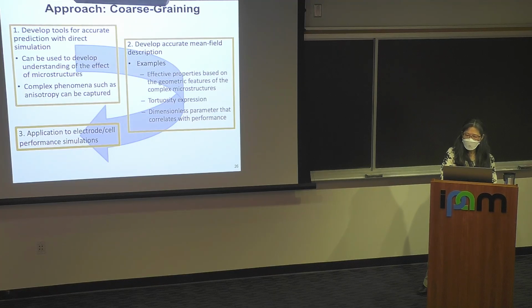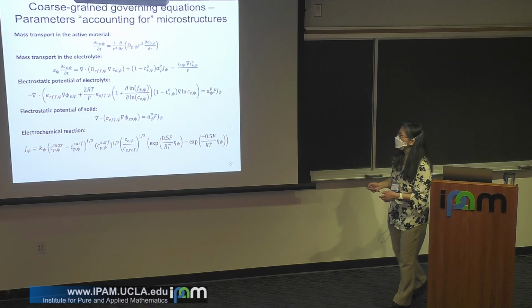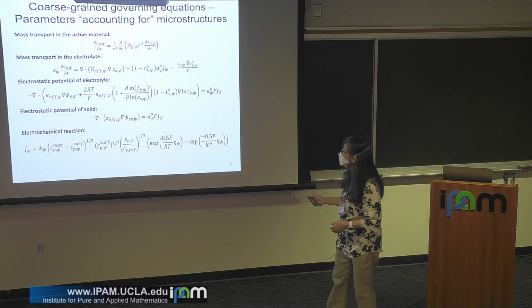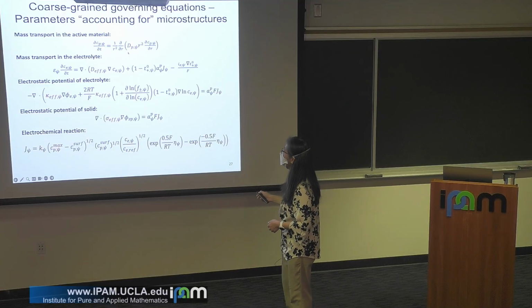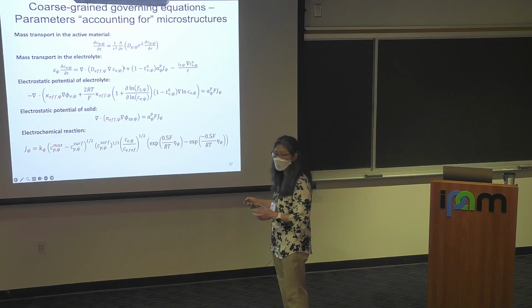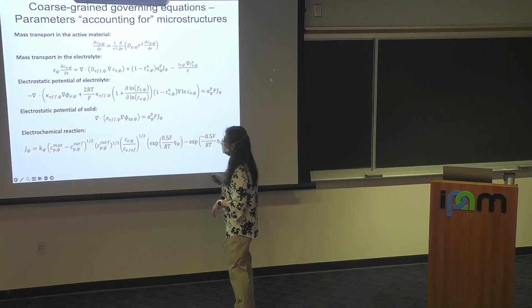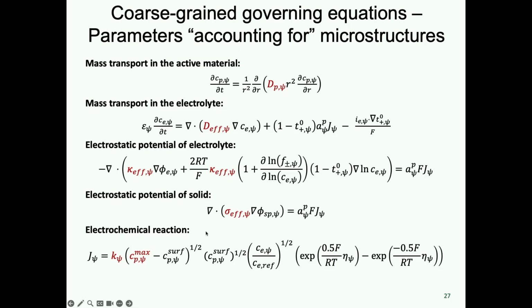One of the ways to coarse grain the particle level model is something called porous electrode theory. You can assume the particle to be spherical, so you just have a differential equation in spherical coordinates, which gets coupled with other equations in the bulk of the electrode. Then you have transport in the electrolyte, so an effective transport property that includes the tortuosity effect and the porosity of the electrode.